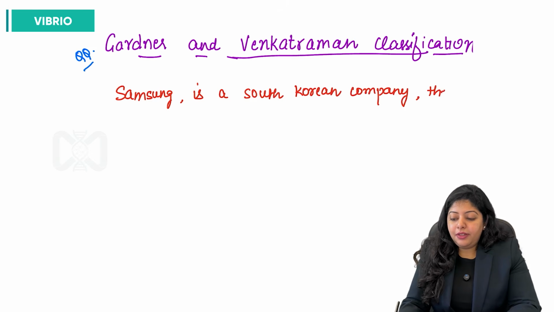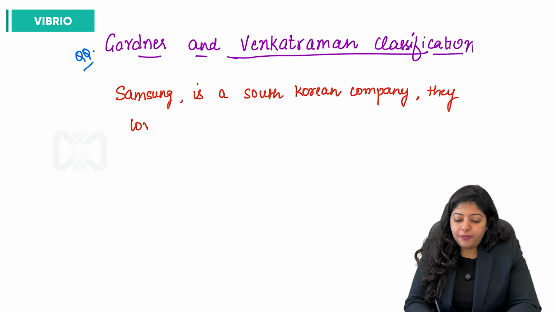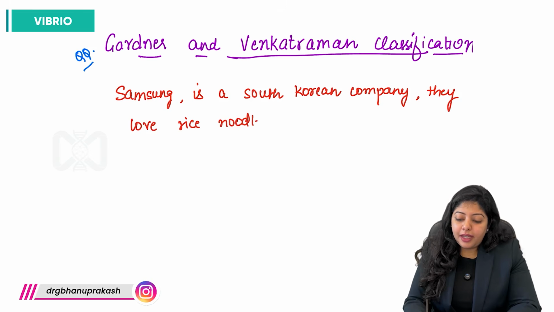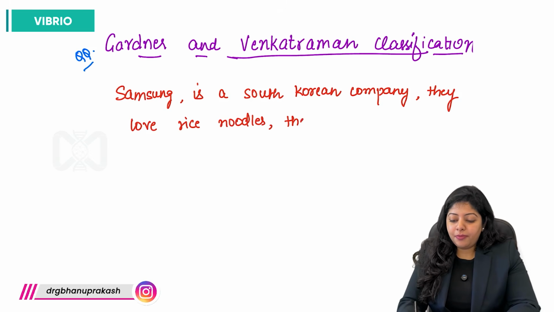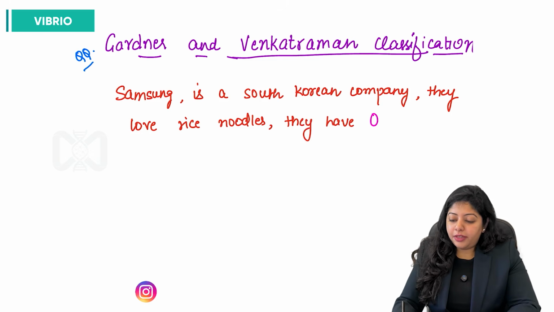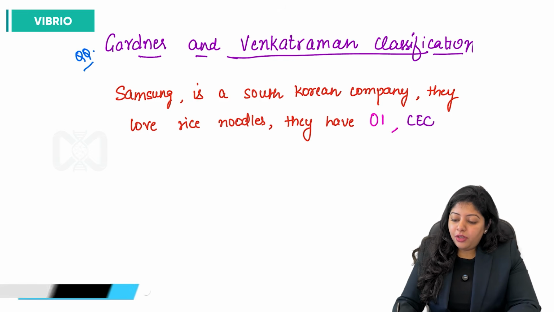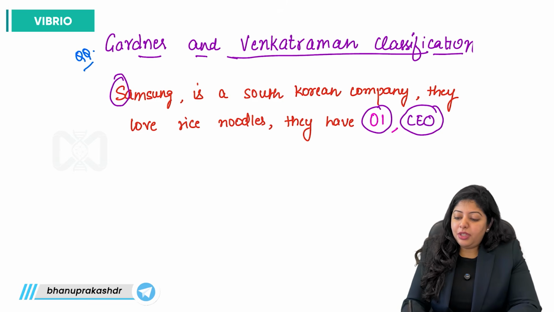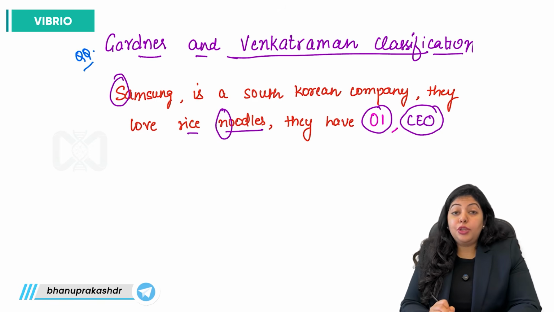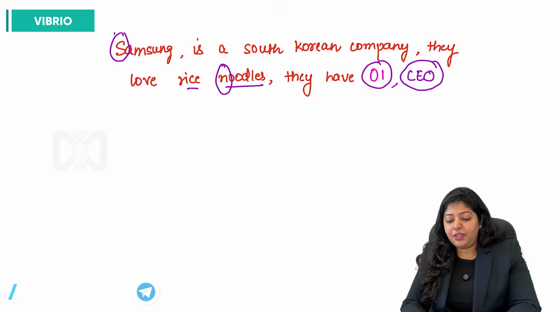They love rice noodles, and they have one CEO. All of these words or letters will be used as the clue points for your classification.